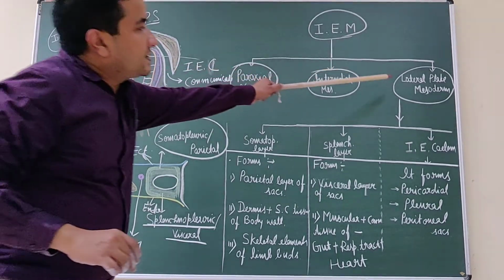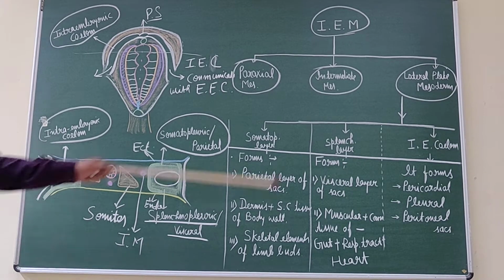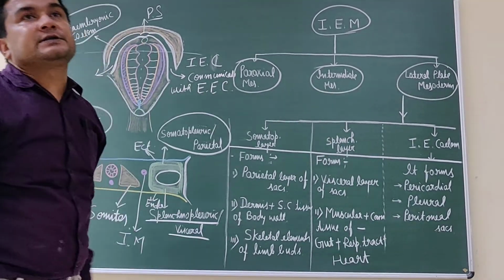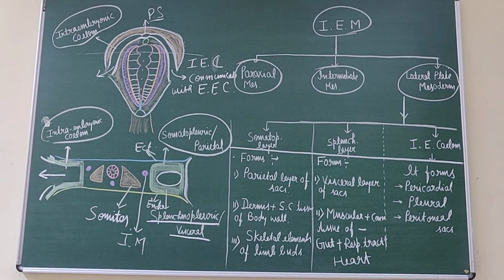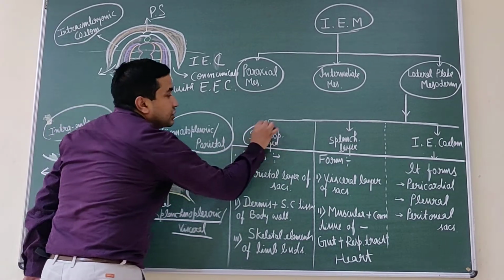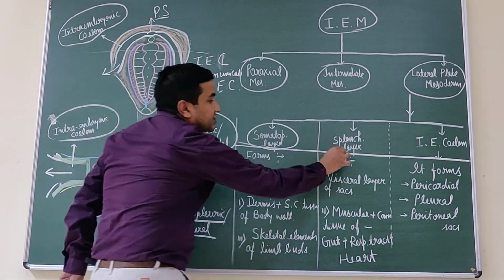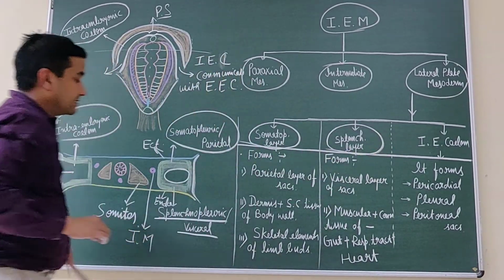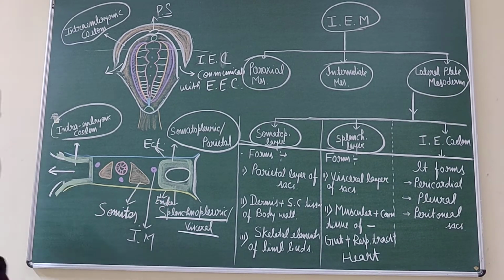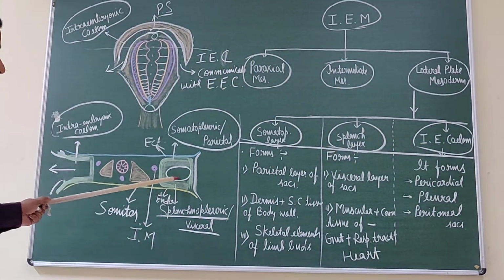Now, first the lateral plate mesoderm. With development, it gives three elements: the somatopleuric layer, then the splanchnopleuric layer that is directed towards the endoderm, and the intraembryonic coelom, that is the cavity.